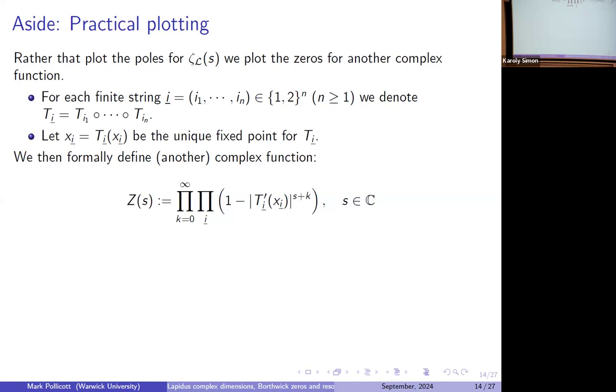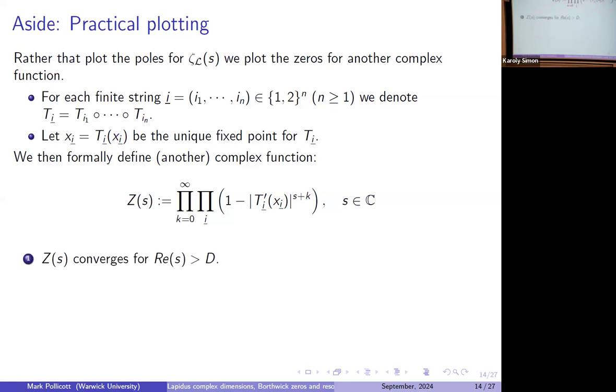And then we write down this rather funny looking complex function here, which involves the product over all strings of this quantity, which is just the absolute value of the multiplier, i.e. the derivative of the map at the fixed point. But the complex variable has crept in here, and k just comes in to make it work, basically. So there's another complex function defined like this in a rather complicated looking way.